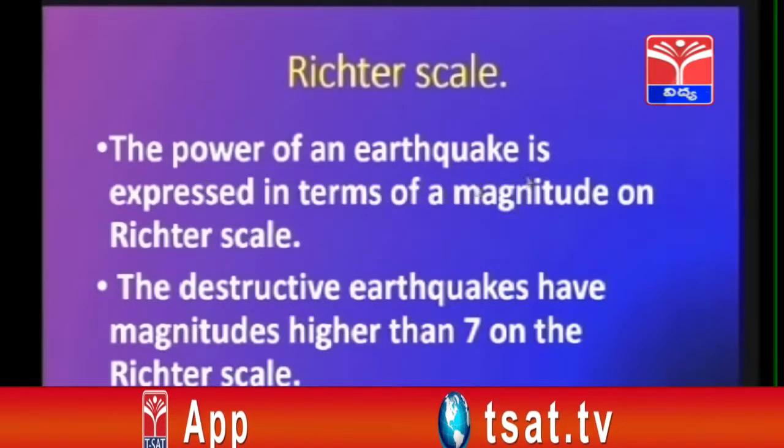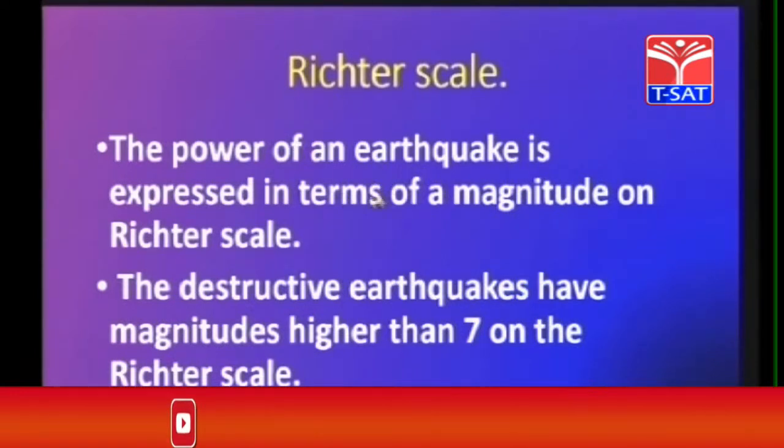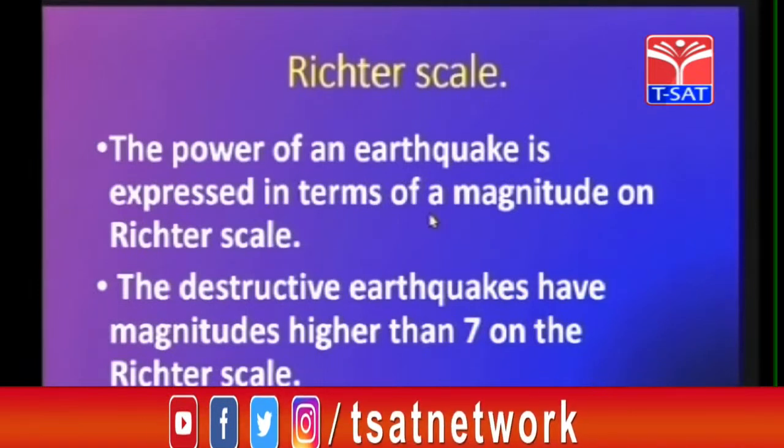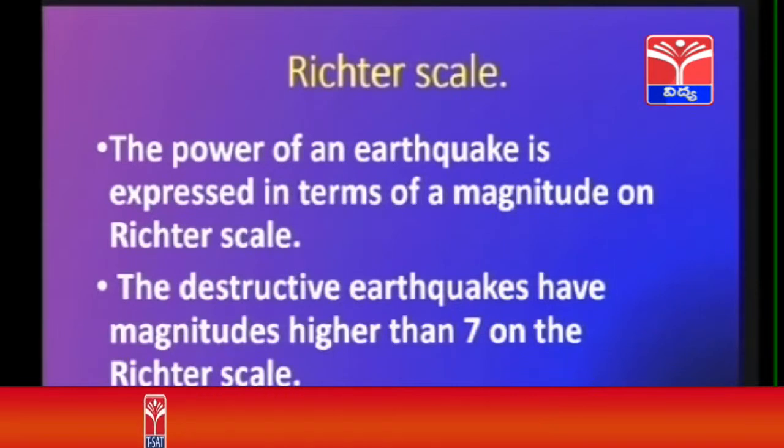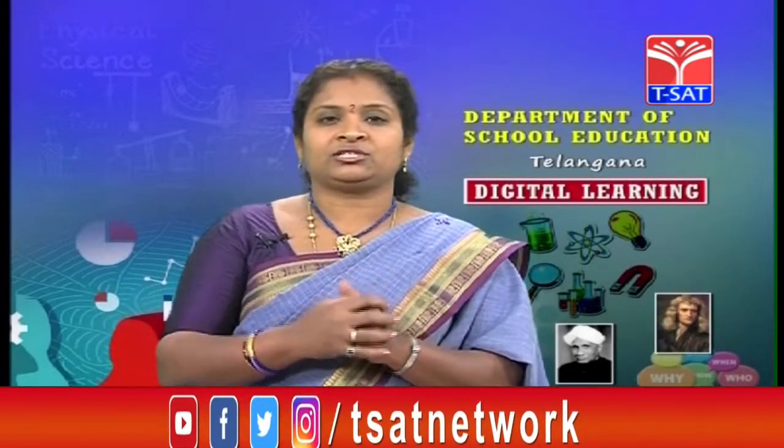Now children, let us study about the Richter scale. The power of an earthquake is expressed in terms of a magnitude on the Richter scale. The destructive earthquakes have magnitudes higher than 7 on the Richter scale. So children, the earthquakes which have caused a lot of destruction mainly fall under the category of more than 7 on the Richter scale.